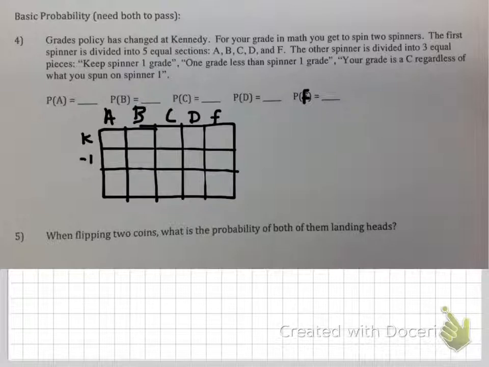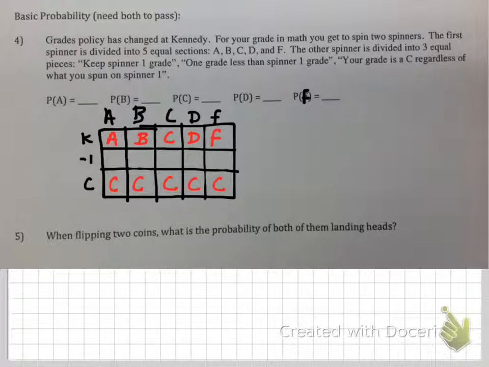I'm just abbreviating here. And the other one is you get a C no matter what. So I can fill these in. I think the most obvious one is probably the C. The keep is pretty easy. A, B, C, D, F. The other easy one here is the C, where it's a C no matter what I spin in the first one. And then the minus 1.